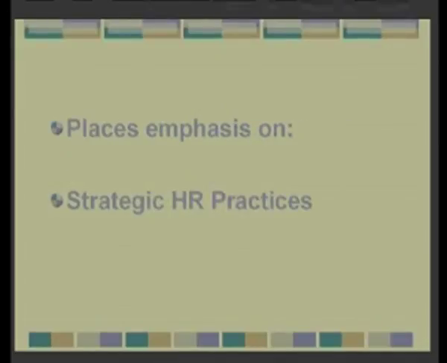Employee development and deployment, again related to training and development, and this places emphasis on the strategic HR practices, flexibility.